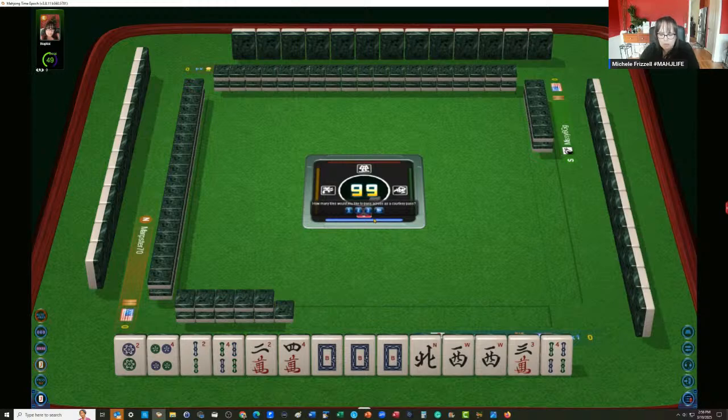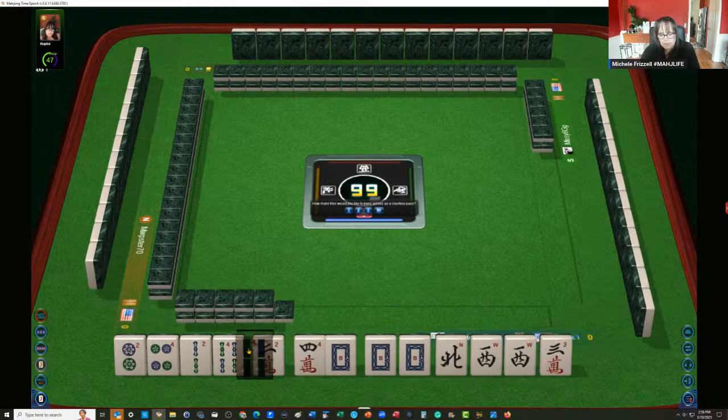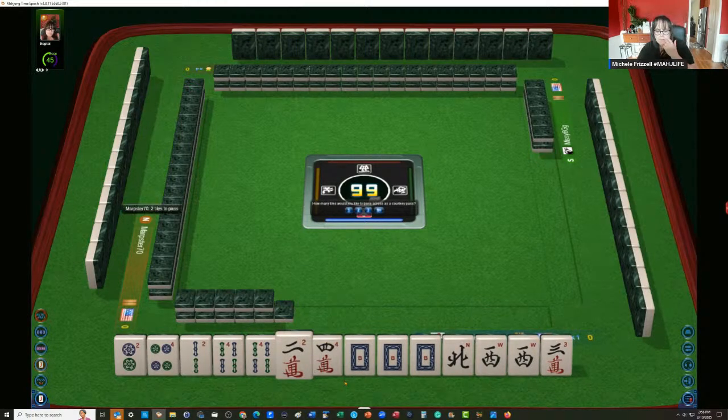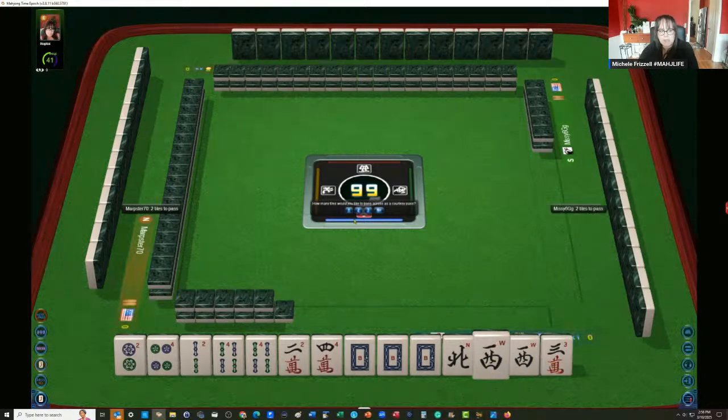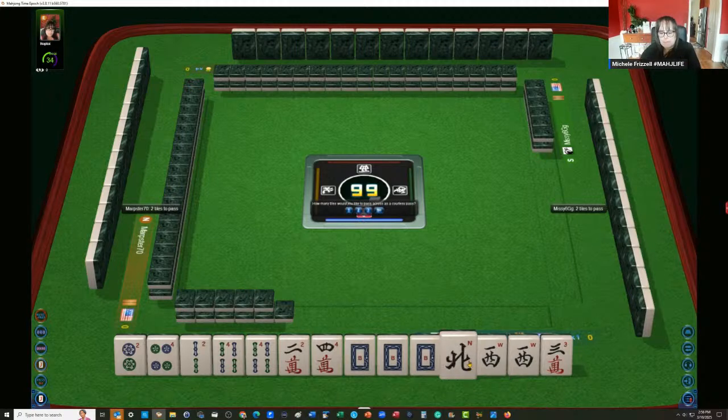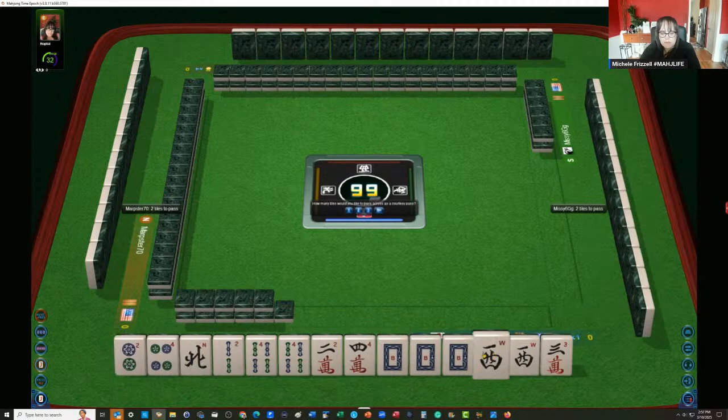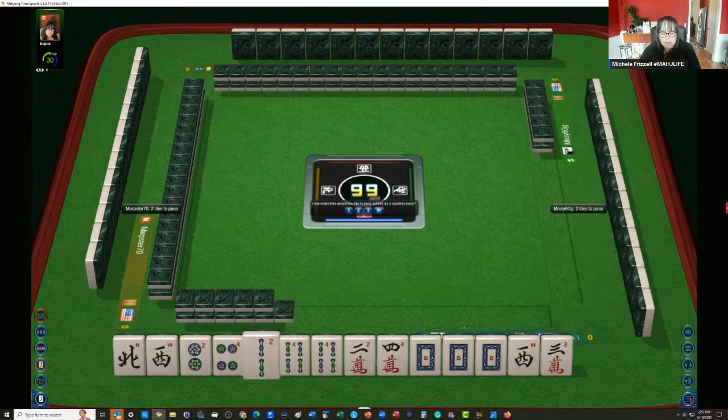Bummer. Okay, so the 4, we can maybe use that for the first hand. I'd say we have 2 to pass. I would still keep the winds to see if the big ear hand comes in.